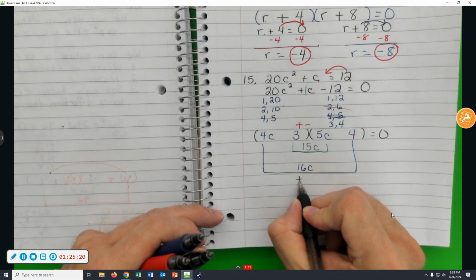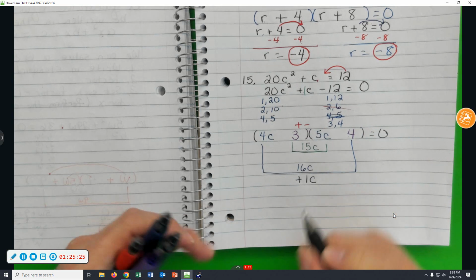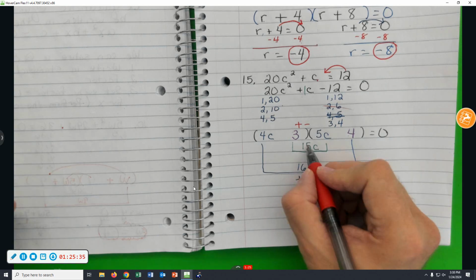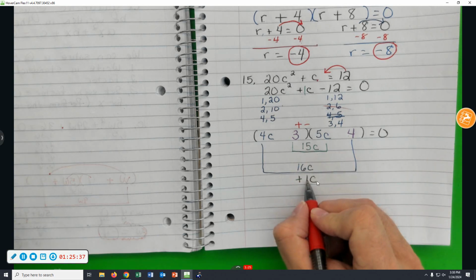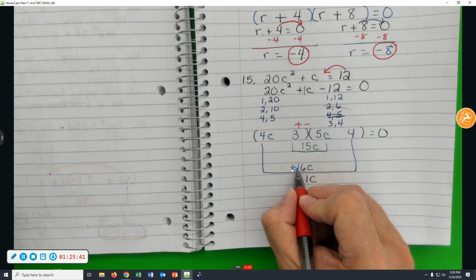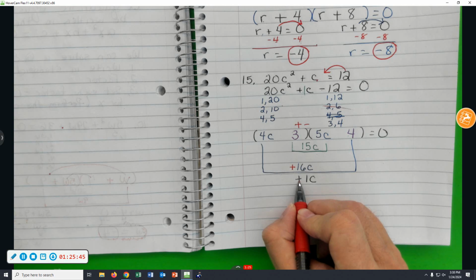We need a positive 1c, or just a plus c. How do I need to arrange the red plus and the red minus? Which one would need to be positive to be left with a positive? If 16 is positive, the bigger number has to have that bigger sign.